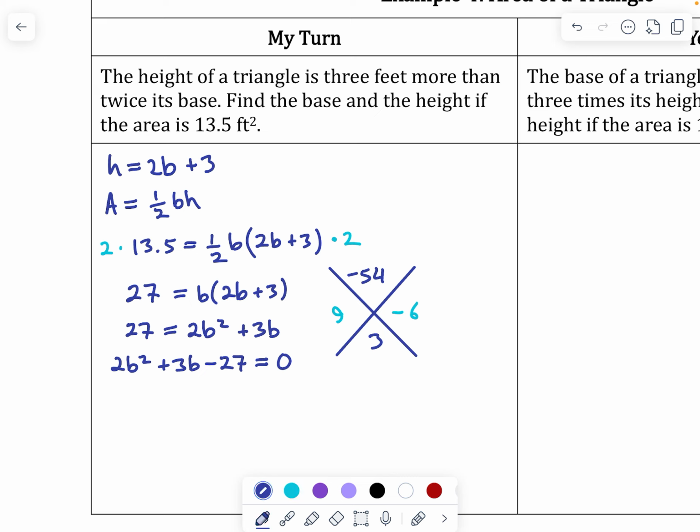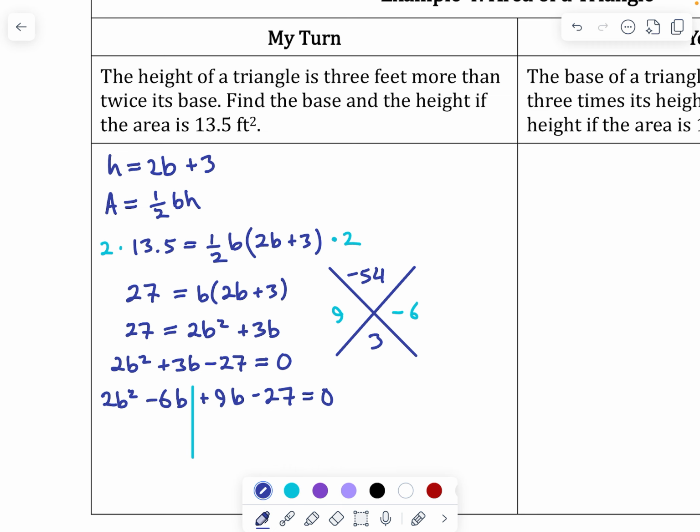So let's set it up for grouping. We split the 3 using the 9 and the negative 6. This gives us 2b squared minus 6b plus 9b minus 27 equals 0. Good. Split it up so we can group.